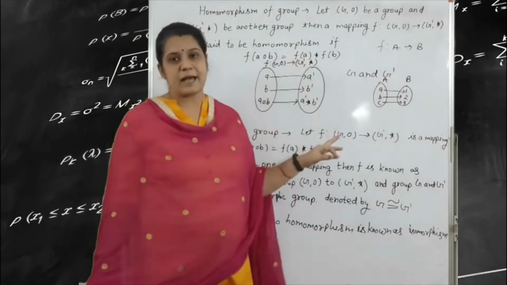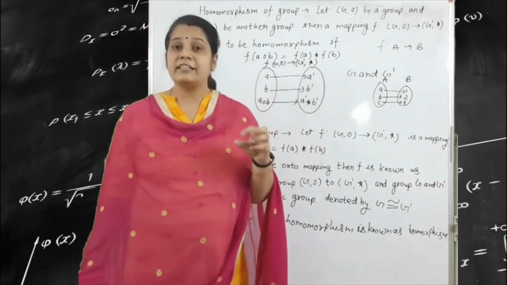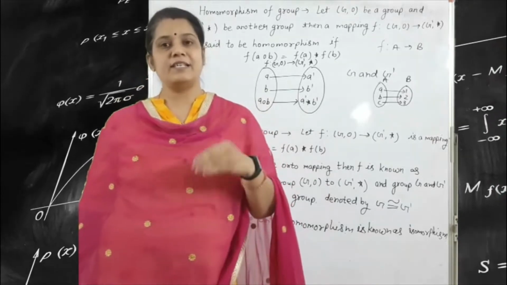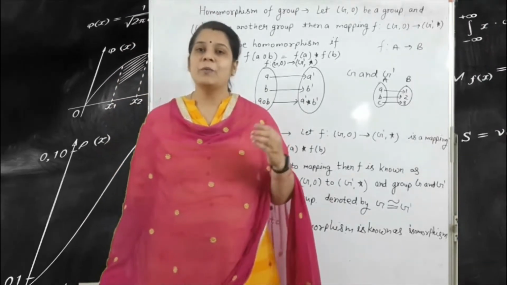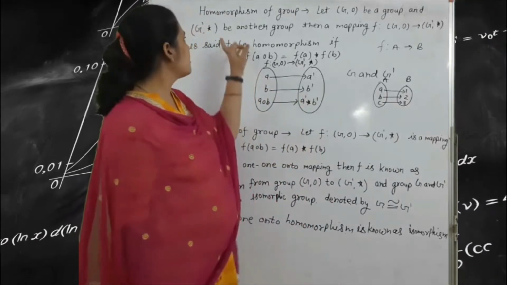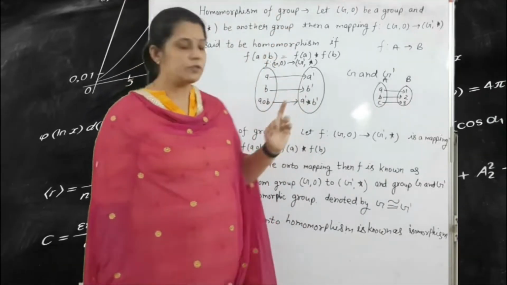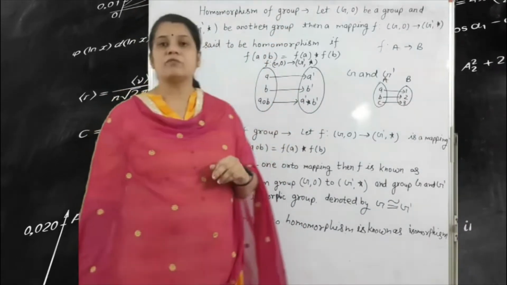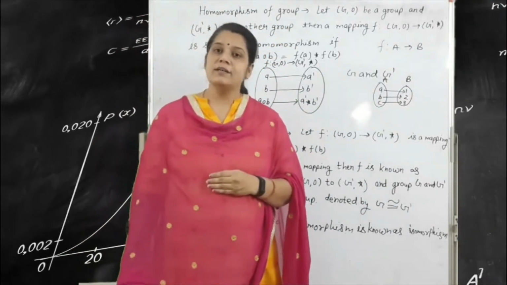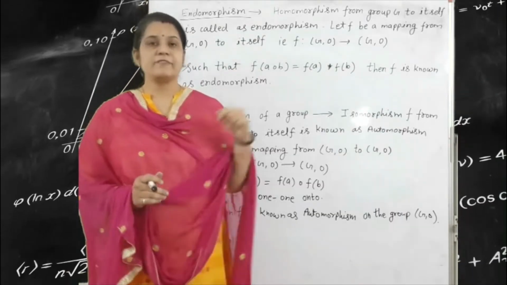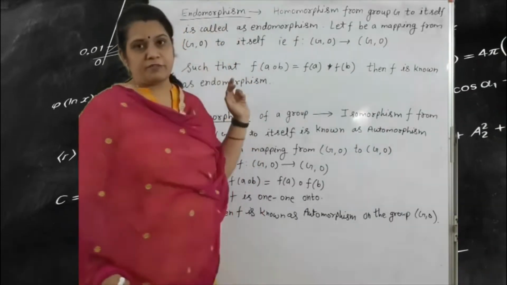The process is the same, but the condition is that F is a 1-1 onto mapping. So this is the definition of the homomorphism of a group, and this is the definition of the isomorphism of a group. The next definition is endomorphism.